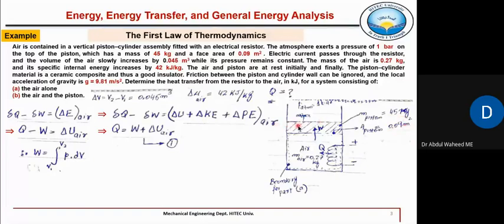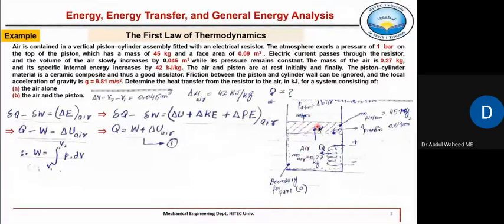Right. So we need to first find out what is this total pressure acting on this air, right? Then we can solve this equation to find out the work done. So let's find out the total pressure, which is not just atmospheric, but also due to the weight of this piston, which is acting downwards due to gravity.